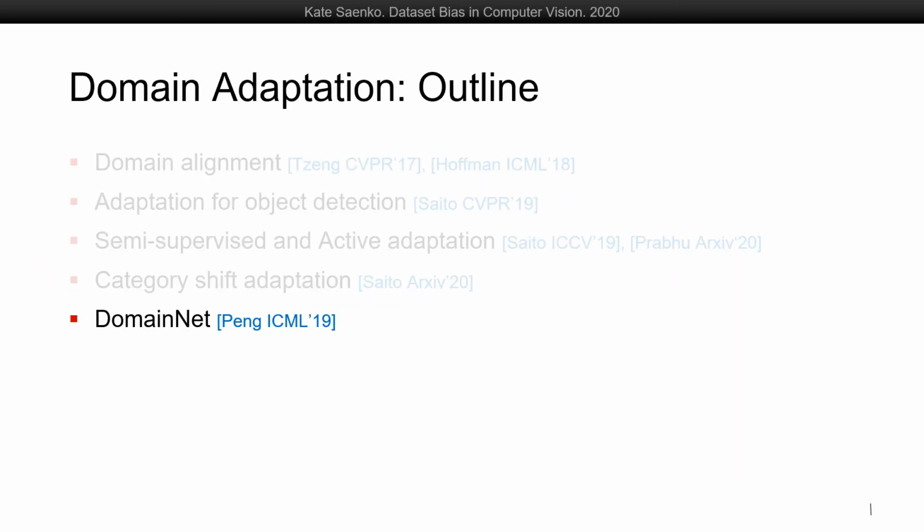So the last thing I want to briefly mention is DomainNet. I've shown quite a few different data sets throughout this talk. And so what I want to close with is a new data set that we've collected for this problem of data set bias to allow us and others to have a larger benchmark data set with which we can explore different settings and hopefully improve the state of the art.